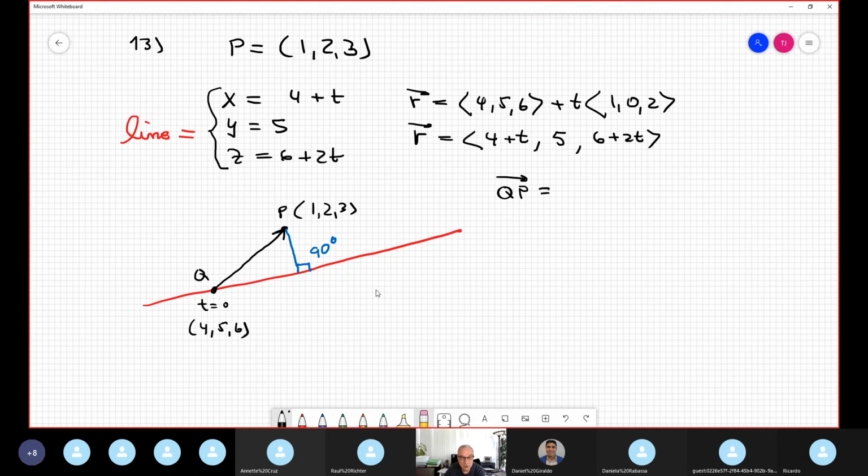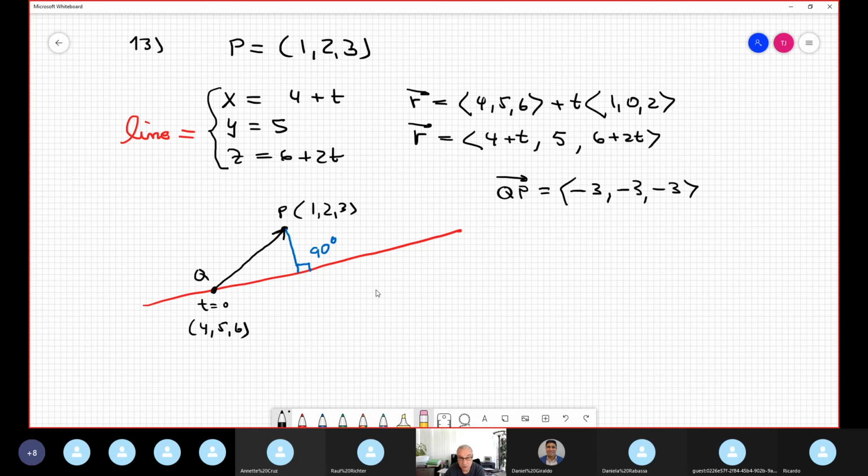Subtraction: 1 minus 4 is negative 3, 2 minus 5 is negative 3, and 3 minus 6 is negative 3. It's the vector (-3, -3, -3). It's a coincidence. I didn't do it intentionally.